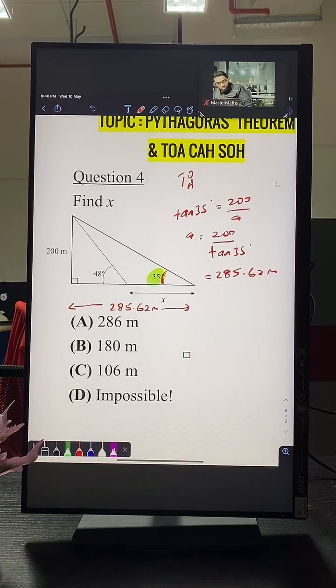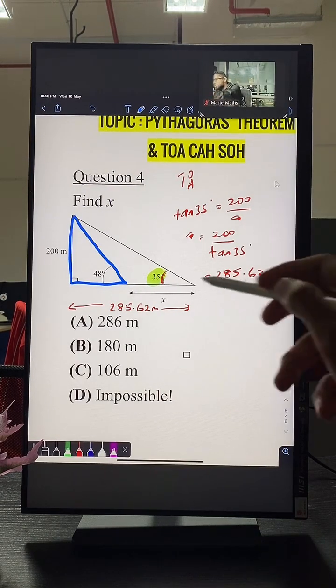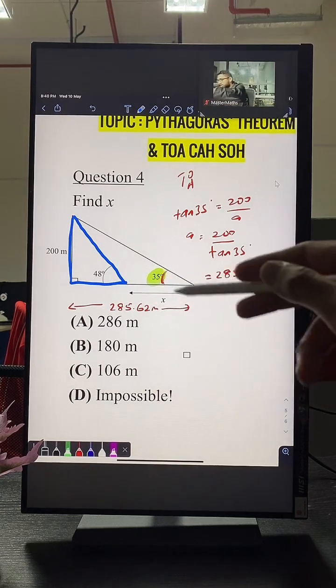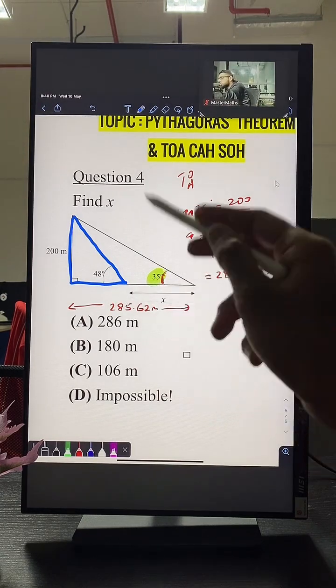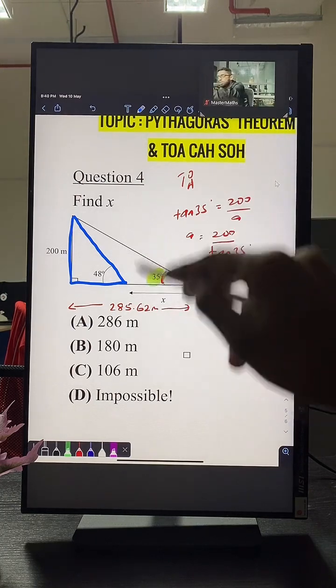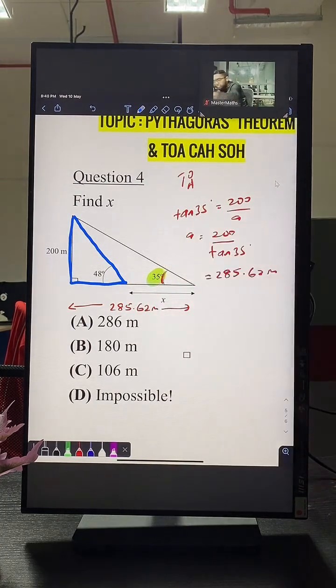Okay, my friends, what you need to do is to change your focus to this smaller right angle triangle right now. Change your focus to this smaller right angle triangle. Now, if you see this small right angle triangle, again, with respect to 48 degrees, you have the opposite length now.